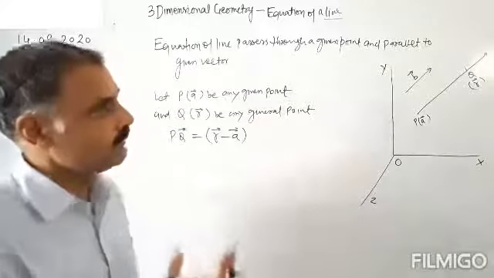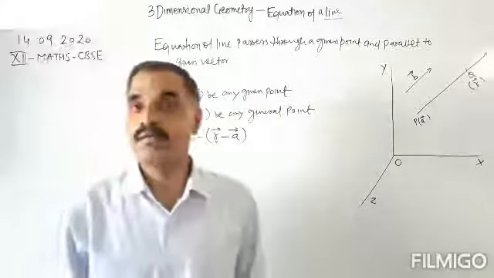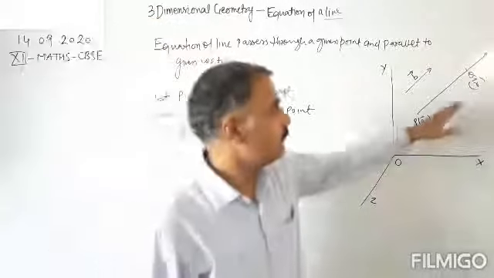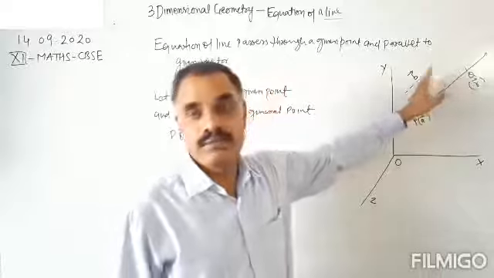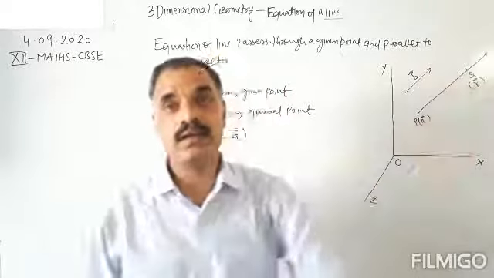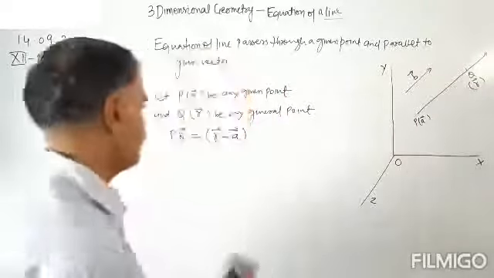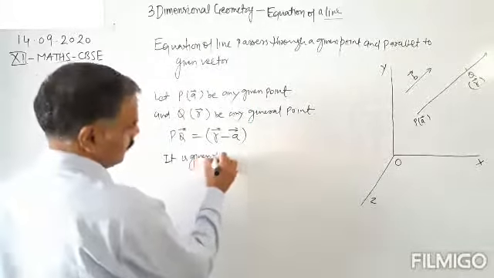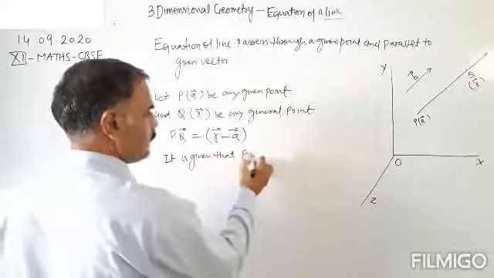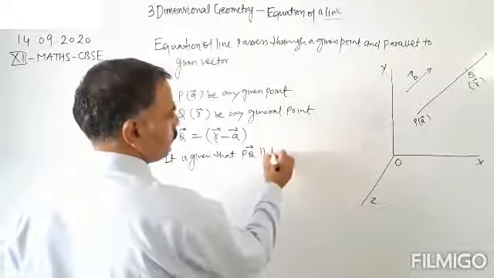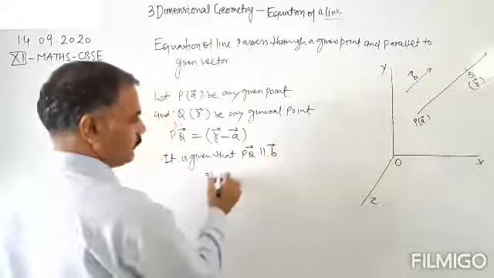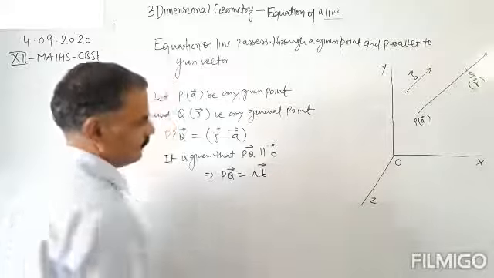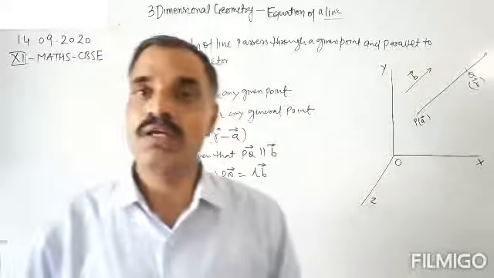Now it is given that this line is parallel to the vector B vector, which means PQ vector is parallel to B vector, and that means PQ vector equals lambda B vector.